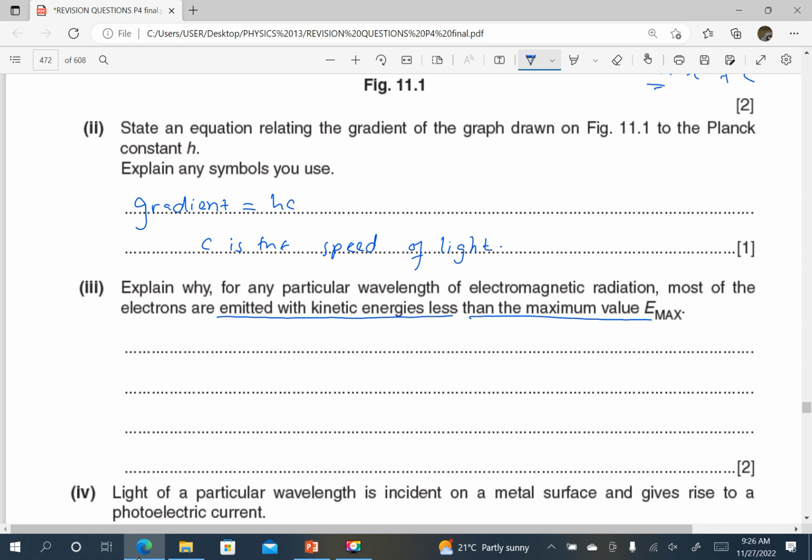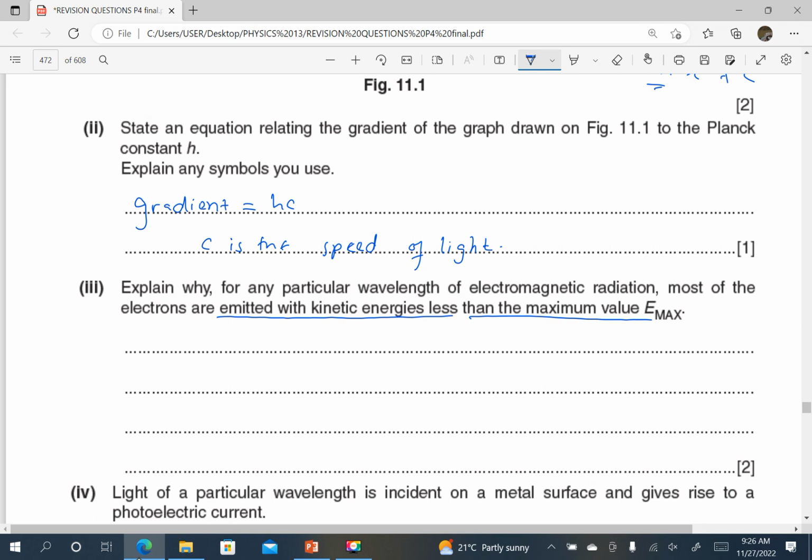The electrons below the surface need energy to bring them to the surface before they become free to move away. So if the same photon is to knock out an electron on the surface, and a similar photon is to bring an electron to the surface before surplus energy is given to it to move away, then the electron which came from below the surface will have smaller kinetic energy.